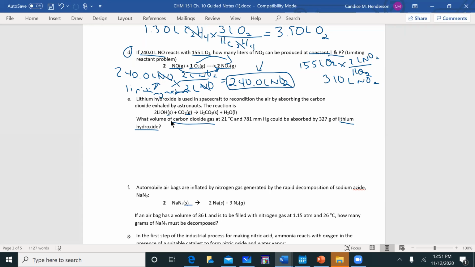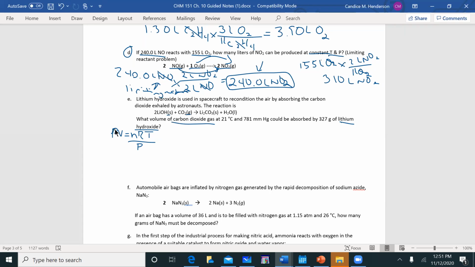So if I want to find volume, I can use PV equals nRT for CO2. If I want to solve just for my volume, I can move my pressure over to the other side.